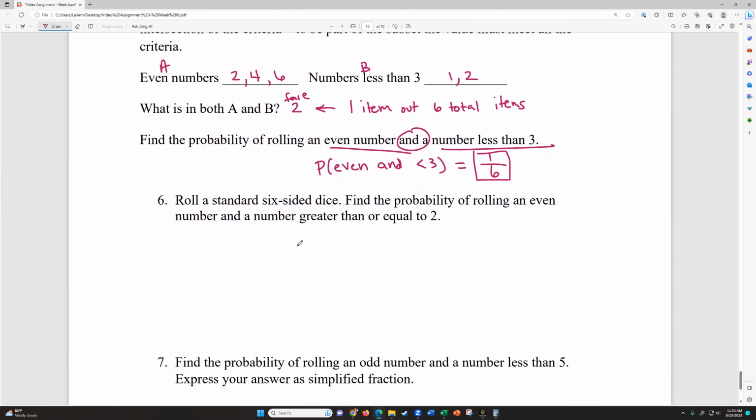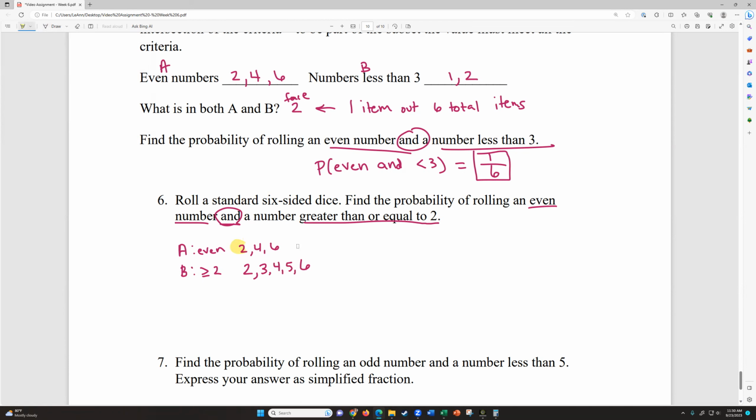All right, let's look at this one. Roll a standard 6-sided die, find the probability of rolling an even, and that connection word is important, a number greater than or equal to 2. So even, I always write out what my numbers are, is 2, 4, and 6. B is greater than or equal to 2. So that includes 2. So 2, 3, 4, 5, and 6. Notice this time it's a little easier to see what we're talking about.